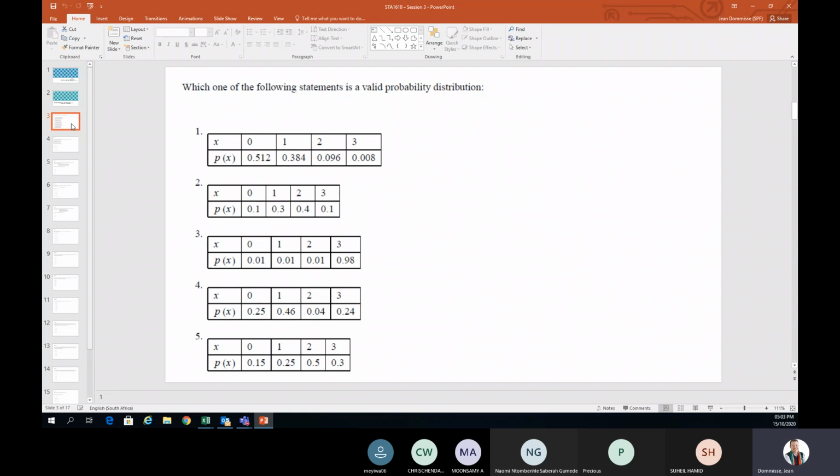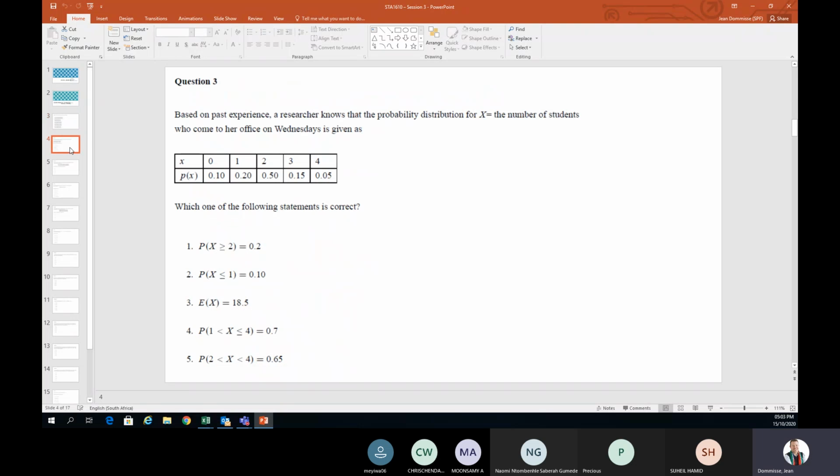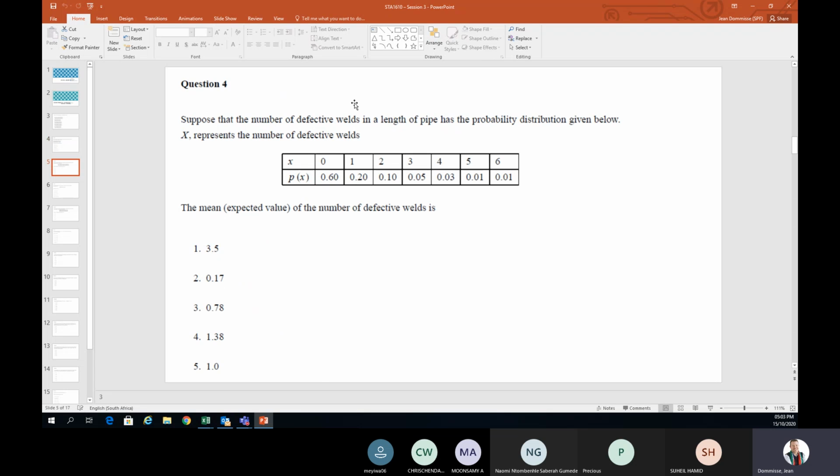So with discrete probability, let me first run through a few things. They can give you a table that shows the distribution function, and then they can ask you a set of questions, which can include probabilities. It can include the mean that you need to calculate. They can give you the table and ask you just to work out the mean.